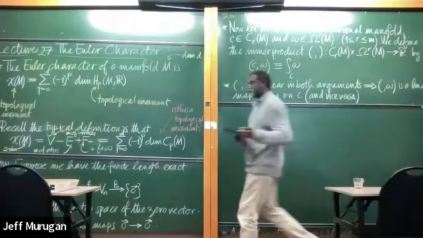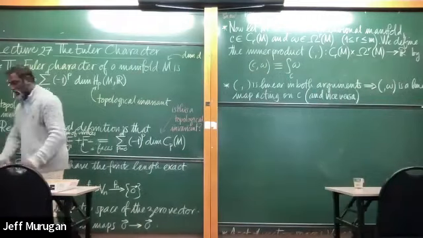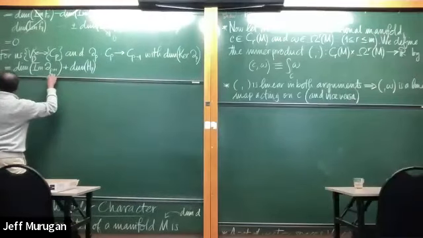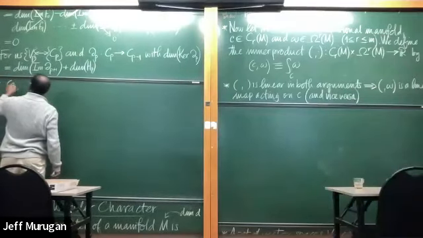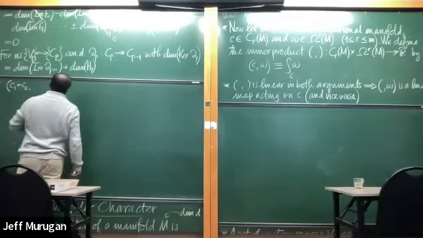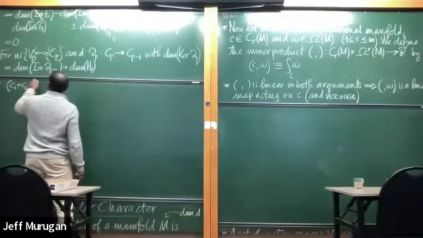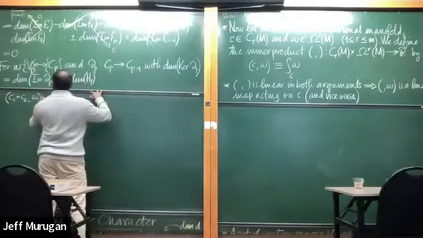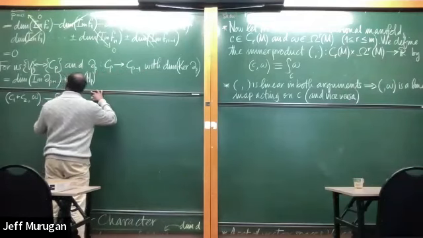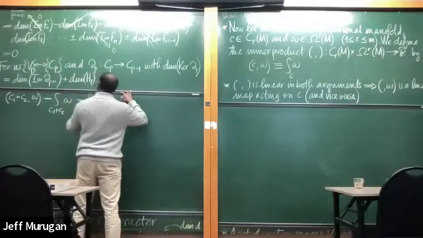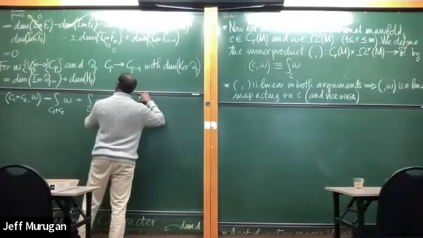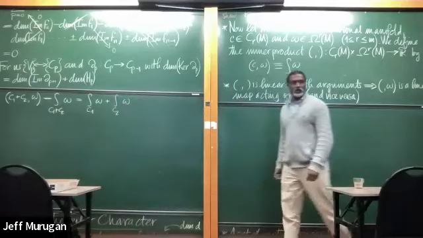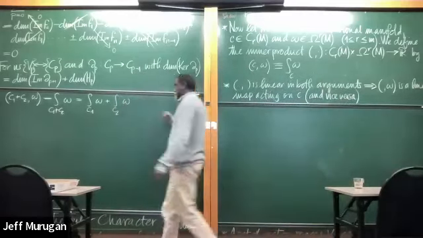In the sense that if I take C1 plus C2 as two R chains and take their inner product with the R form omega, then this is the integral over C1 plus C2 of omega, which is the integral over C1 of omega plus the integral over C2 of omega, the linearity of the integral.